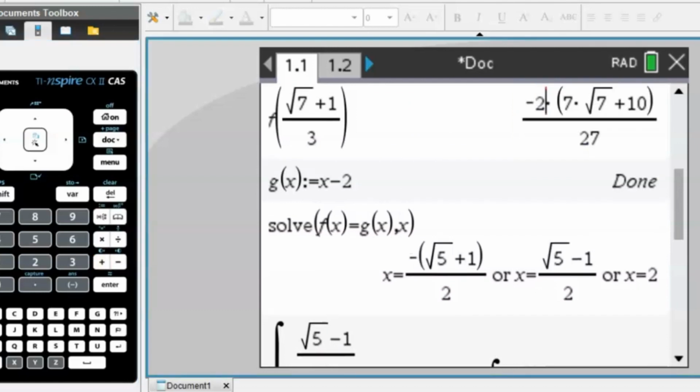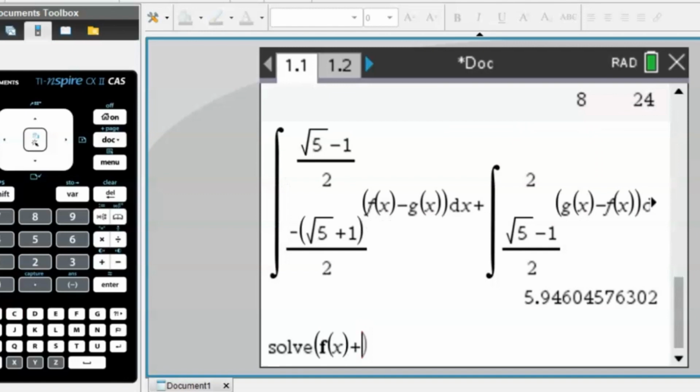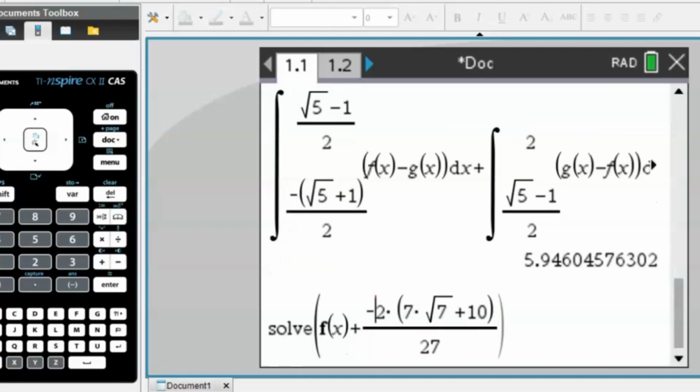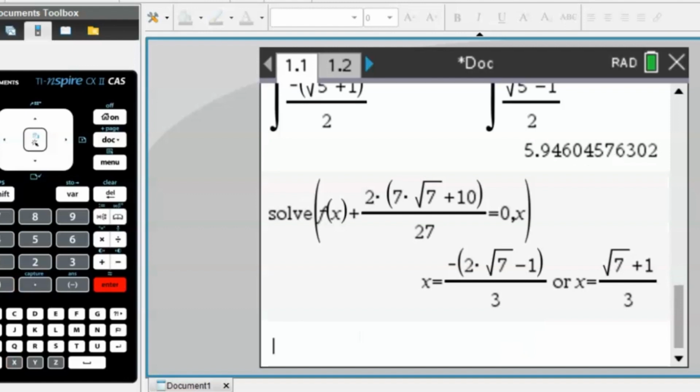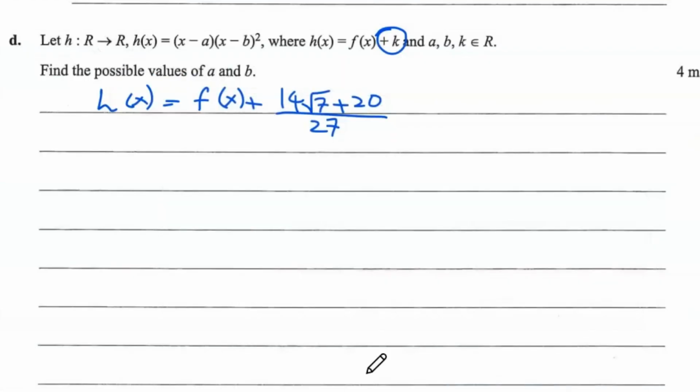This one here, we just make it positive. Solve for x, so that is my x value.